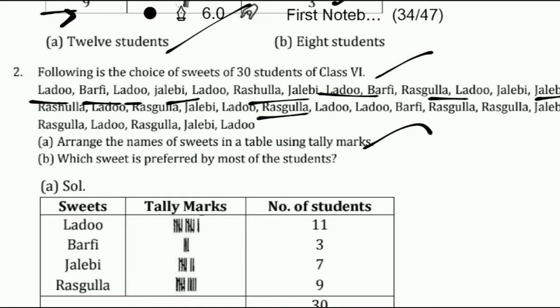How many students like laddu? See, 11 students like laddu. 1, 2, 3, 4, 5, 6, 7, 8, 9, 10, 11. So we will write like this: number of students 11, and tally marks 1, 2, 3, 4, 5, 6, 7, 8, 9, 10, 11 like this.